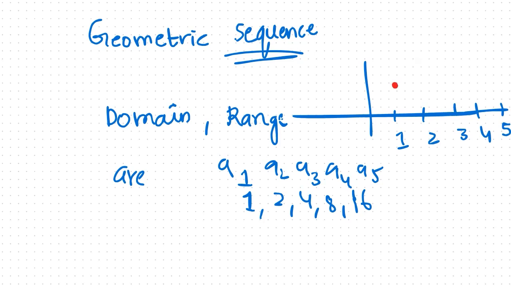The second point will be 2, 2, and then 3, 4, and then 4, 8, and 5, 16. Usually its nature will be something like this exponential graph, but it's not continuous. It's not like this. We don't draw like this. We draw plots, points like this.